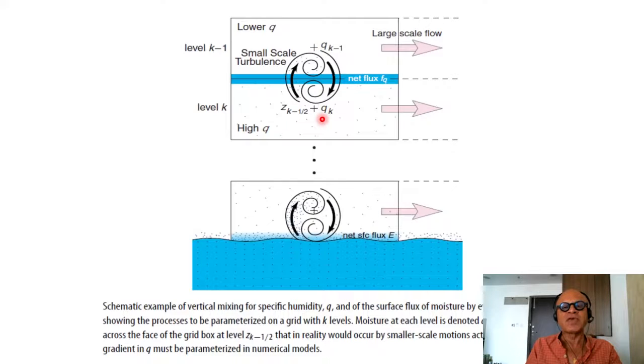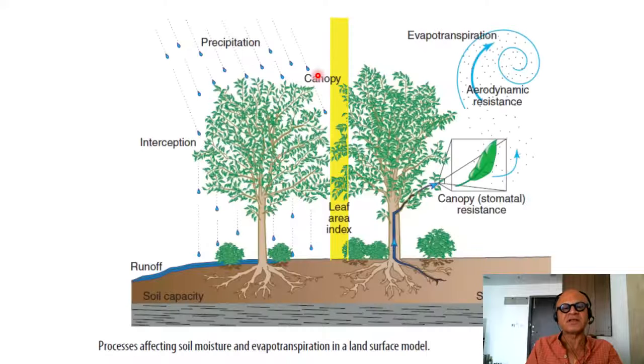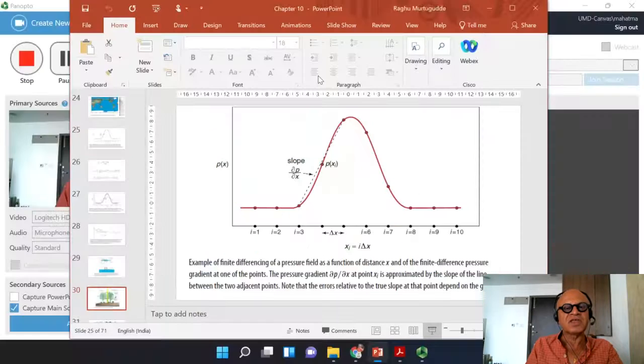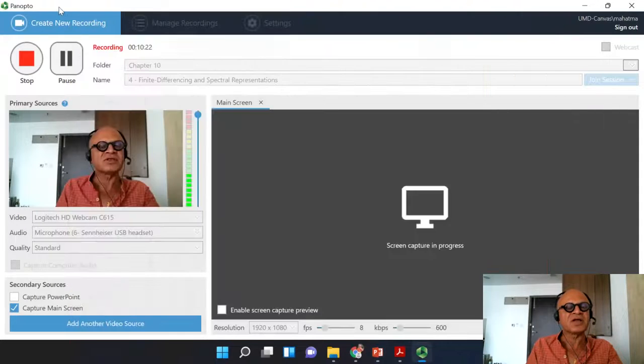So you have Qk here, Qk minus 1 here, and z k minus half, where Q is exchanged by small scale turbulent processes, and those are represented in the model via parameterizations, because those are the eddy covariances that we talked about.